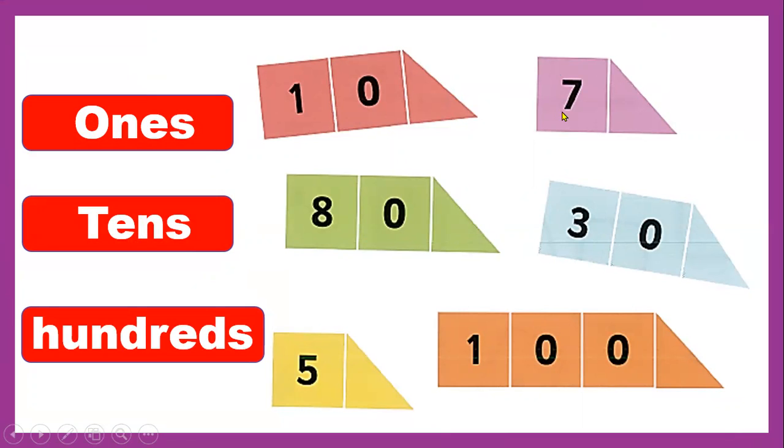We have 7 ones. Look at 80. We have 0 ones and 8 tens. We have 0 ones and 3 tens. And we have 5 ones. And here we have 0 ones, 0 tens, and 1 hundred. So you have to practice the place value. The place values are ones, tens, and hundreds.